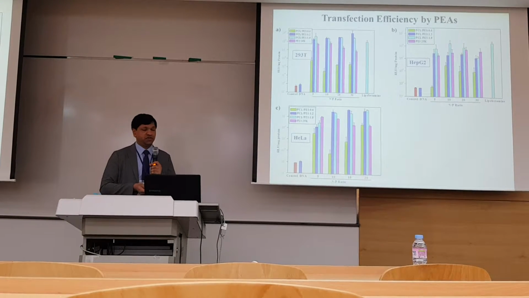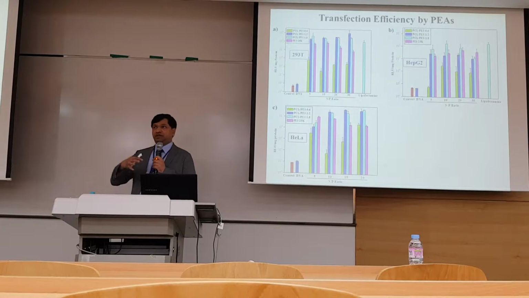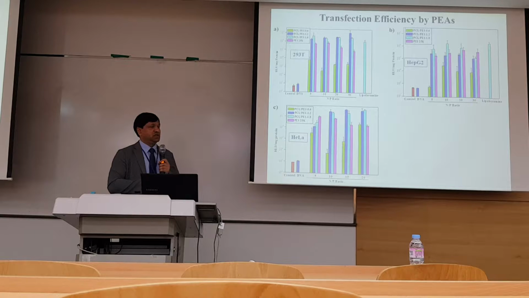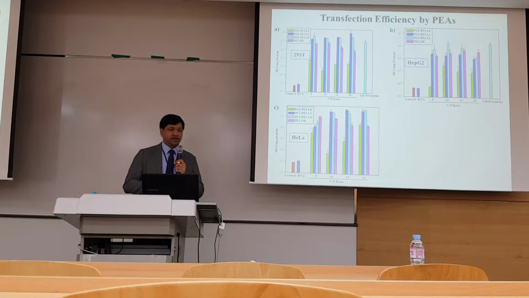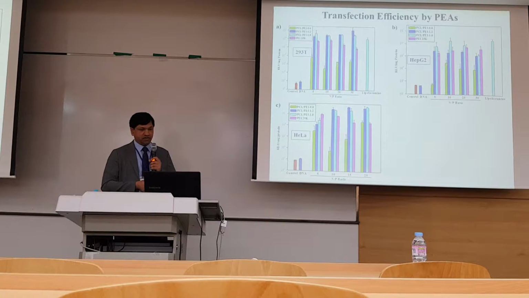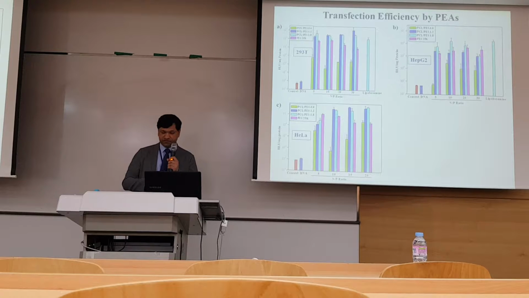The polymer was much better than that, because generally, even at a particular concentration, PEI shows high transcription efficiency, but later on it shows toxicity and the cells die, even though they get transcription. So it is not at all safe. On the other hand, the polymers were safe and non-toxic and showed high transcription efficiency.